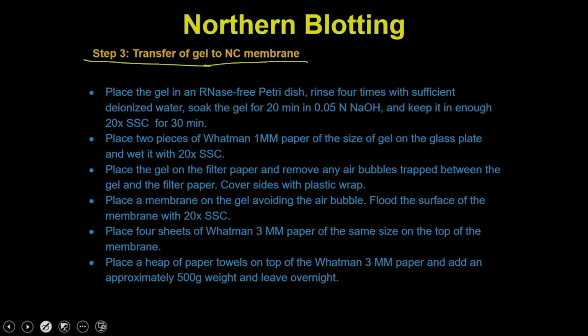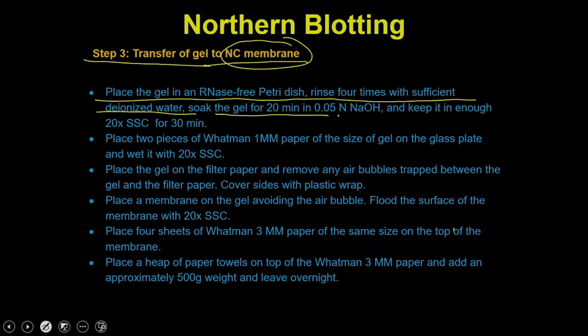So, you are going to transfer the messenger RNA present on the agarose gel to the nitrocellulose membrane. What you have to do is place the gel in an RNase-free petri dish, rinse it 4 times with sufficient deionized water, soak the gel for 20 minutes in 0.05 normal NaOH, and keep it in enough 20x SSC for 30 minutes.